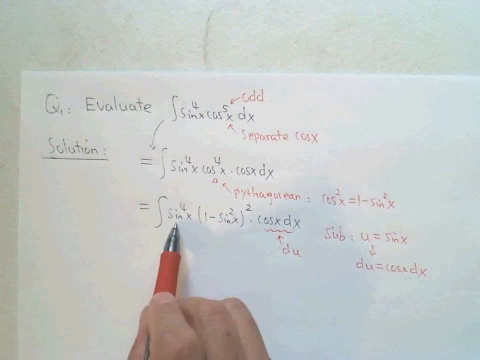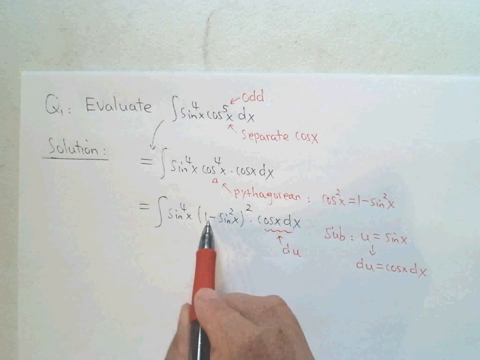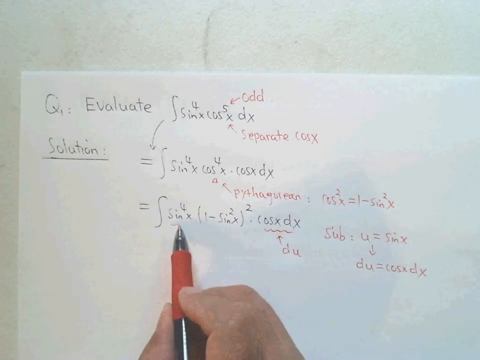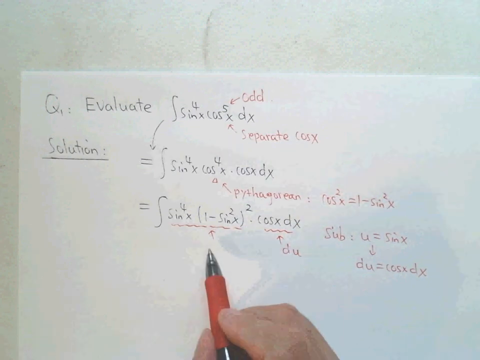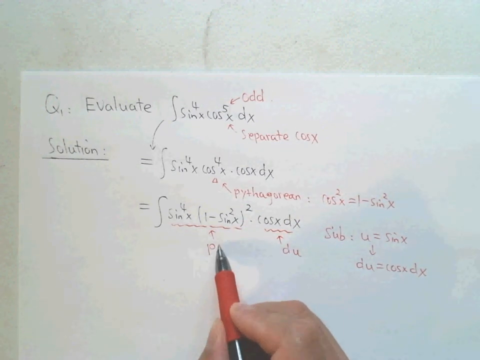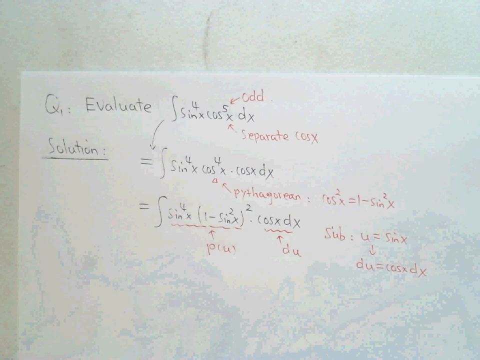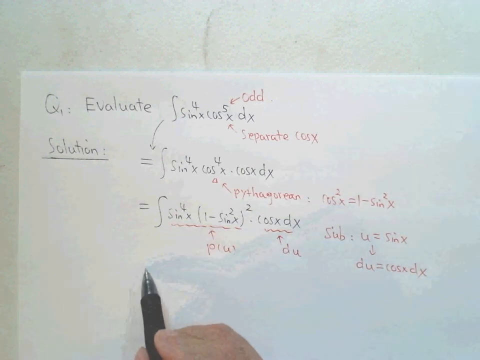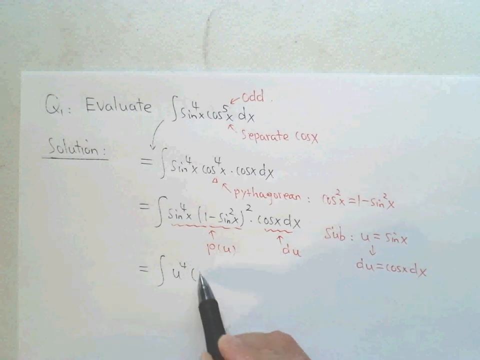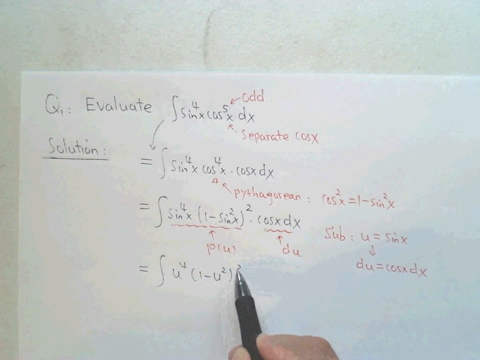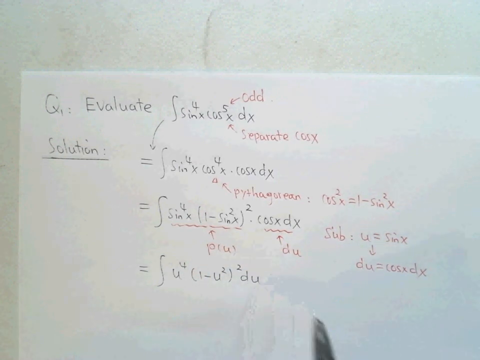How about this? This is u raised to the fourth. What about this? 1 minus u square. Putting all together, as we said in the previous one, it is a polynomial of u. Now easy. All we need to do is plug into the polynomial. This is u fourth times 1 minus u square, and du.